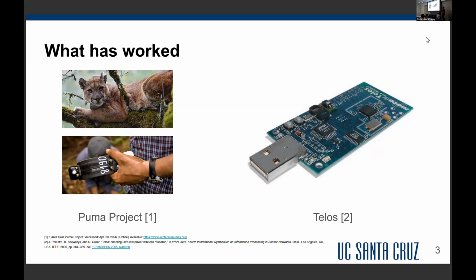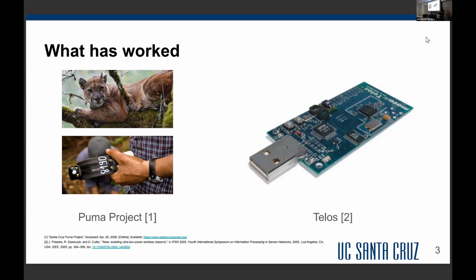And notably, this team works with the California Department of Fish and Wildlife and also uses the data in their own ecological research. We learned that these partnerships are really important for the sustainability of a platform and a project as a whole.